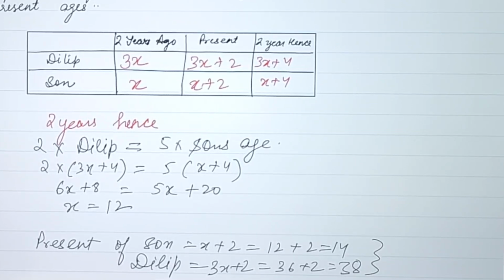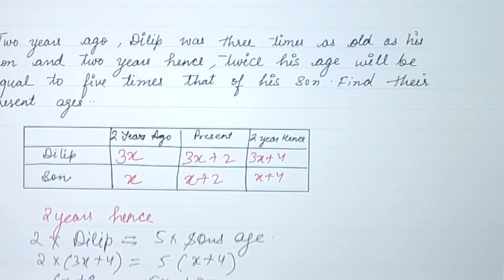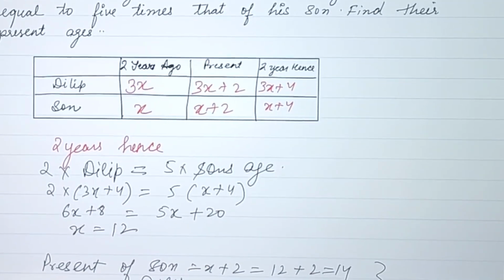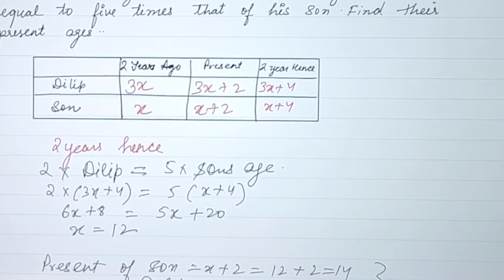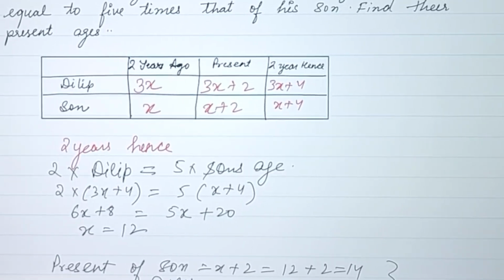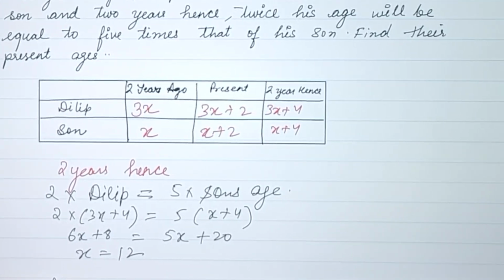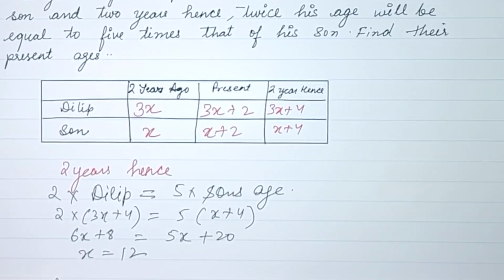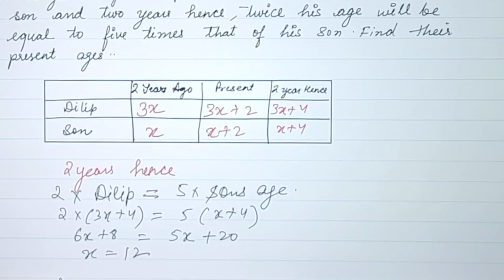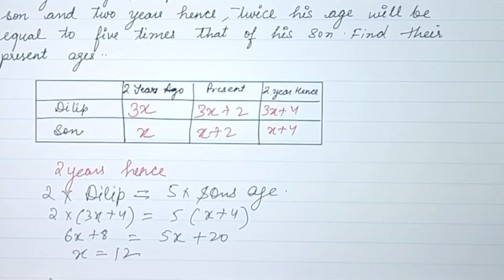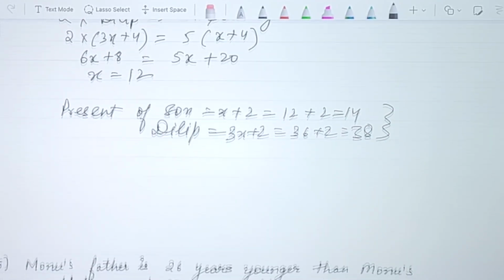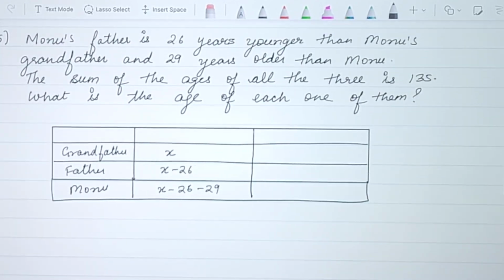So initially the question looks complicated कि इसकी एज दी है, उसकी एज उससे 3 टाइम है. But we are not listening to any relationship. Our assumption should be correct. 2 years ago, and then we added the years, got 2 years hence wala situation, and then we applied the relationship. Coming to the last question of the similar type.